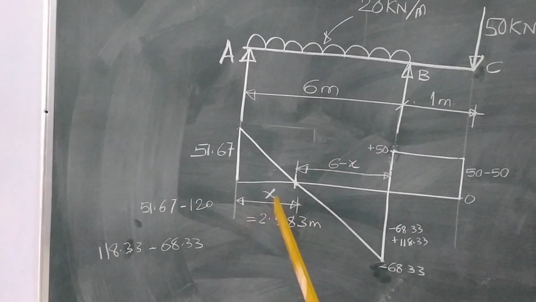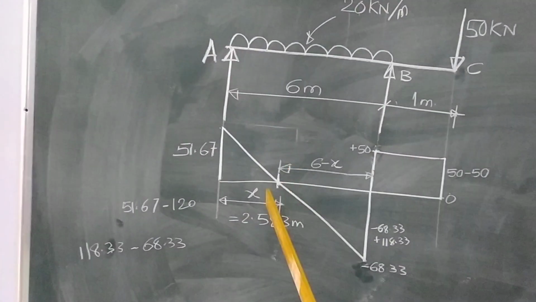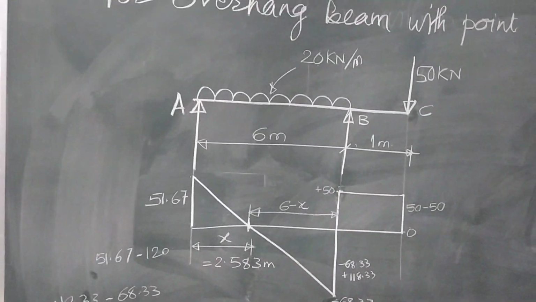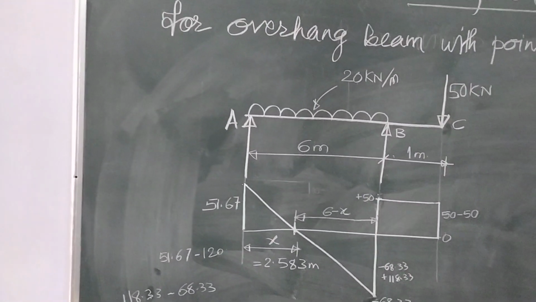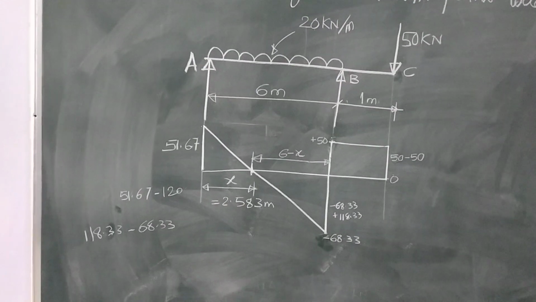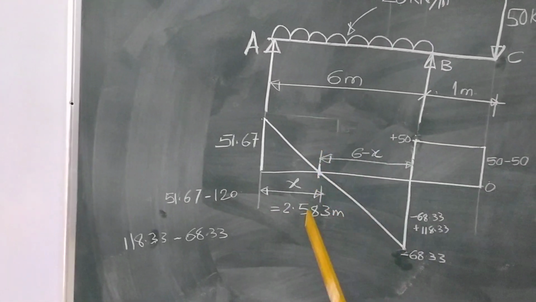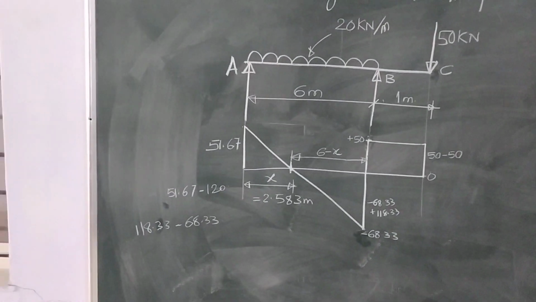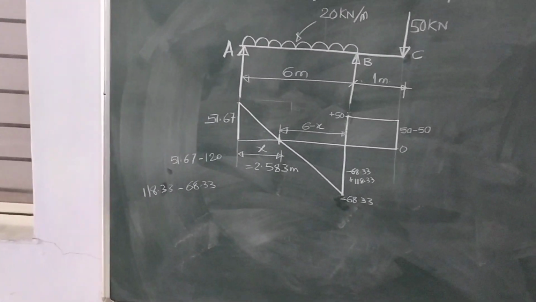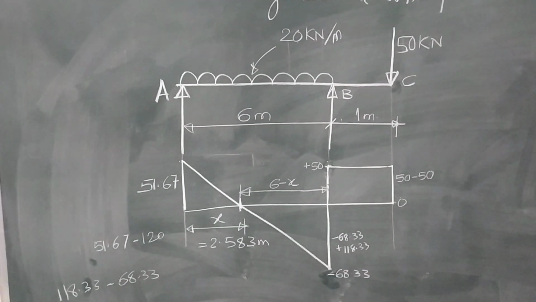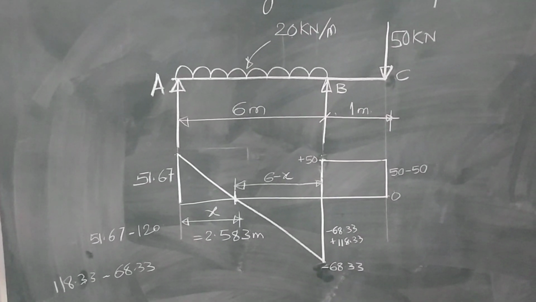This is x, this is 6 minus x. Very simple to calculate. This is known as the point of contraflexure. What is the significance of this point? At this point, bending moment is maximum. We have not yet studied bending moment. In the next lecture we will study bending moment.